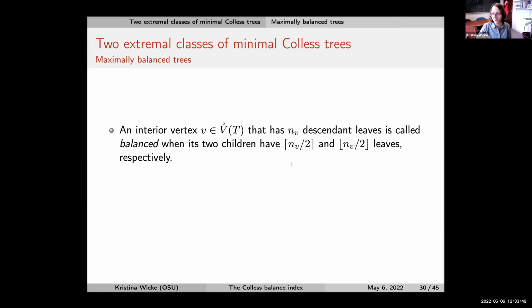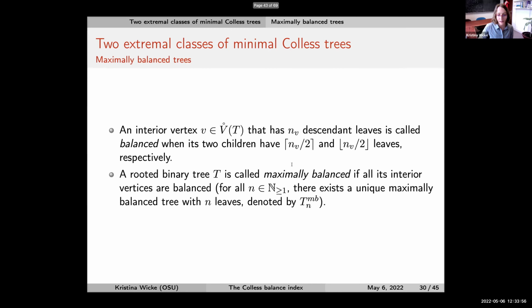This is just the idea of splitting into as even subtree sizes as possible. A rooted binary tree T is then called maximally balanced if all its interior vertices are balanced. You can show that for all n, there exists a unique maximally balanced tree up to isomorphism, and we denote that as T_MB(n).